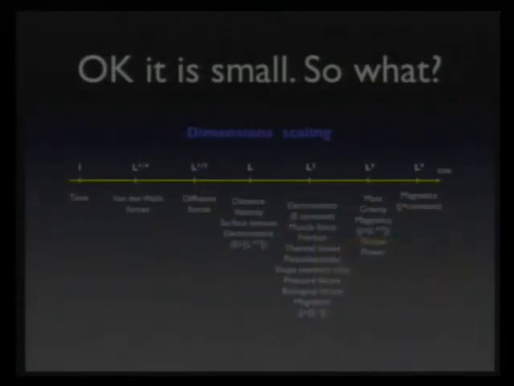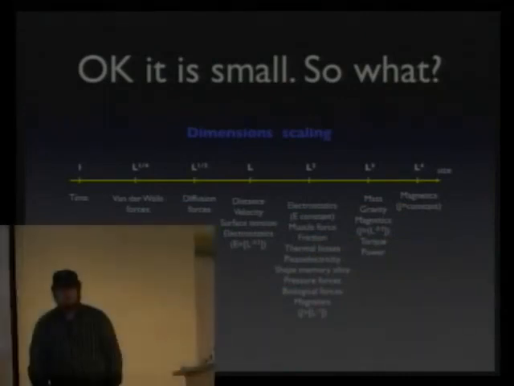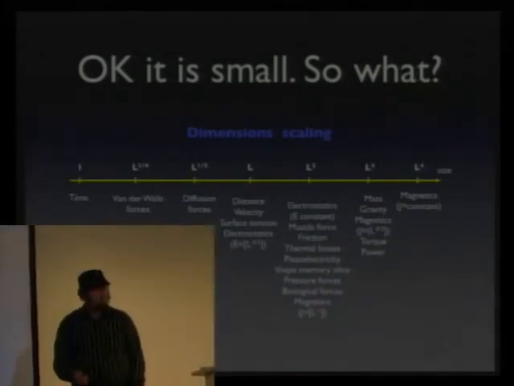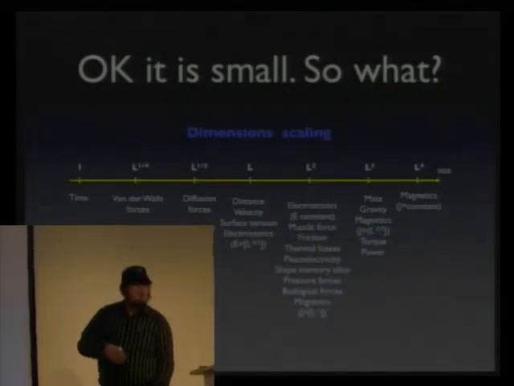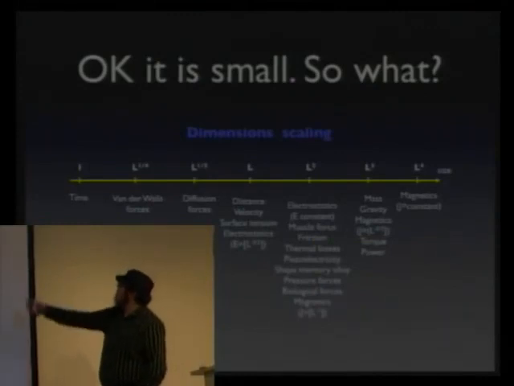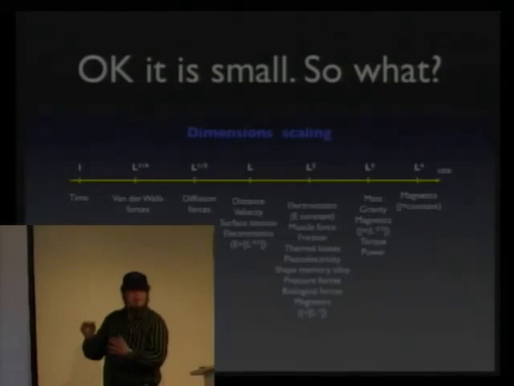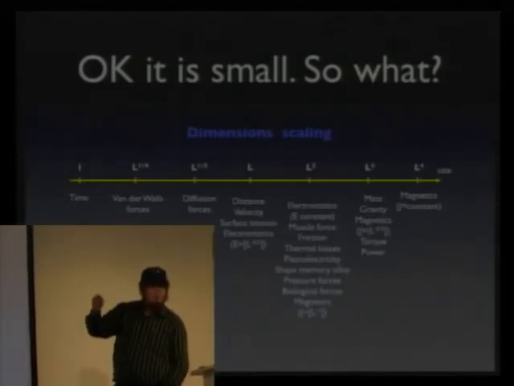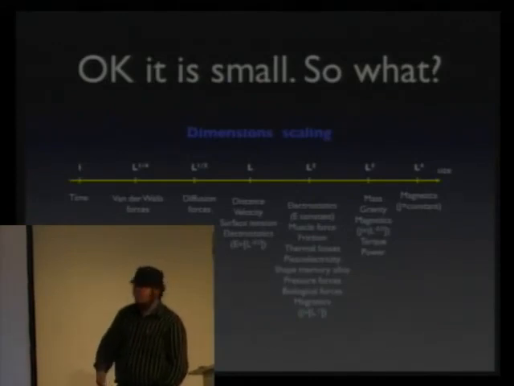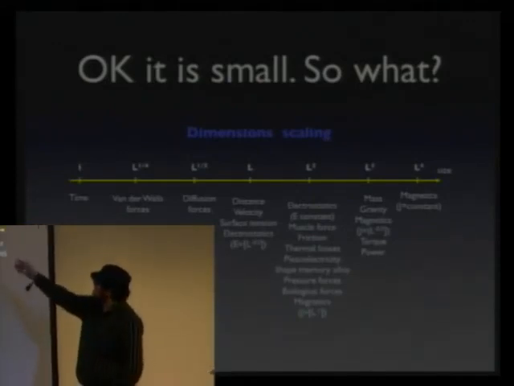So it's small, so what? The problem is that when you change scales, not all effects change in the same way. It depends on the dimension they're using. Magnetics have 4 dimensions, so when you shrink them down, they shrink by the power of 4, which is quite rapid.